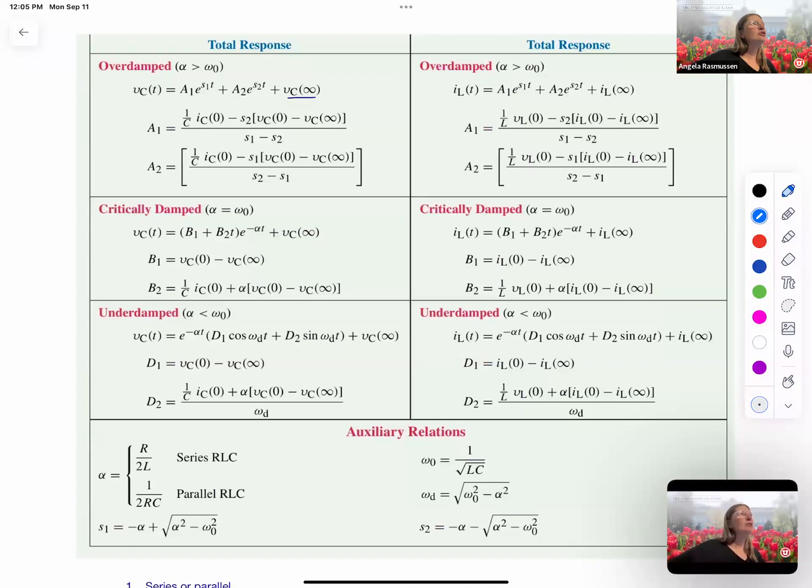Yes, so I need to make sure that I've found 0 minus. Use the values where the inductor is changed to a current source and the capacitor to a voltage source, and then solve for IC of that circuit. If it's in series, a lot of times that's going to just be the IL value that you found from IL(0 minus), but not always. So you just need to make sure you understand that.